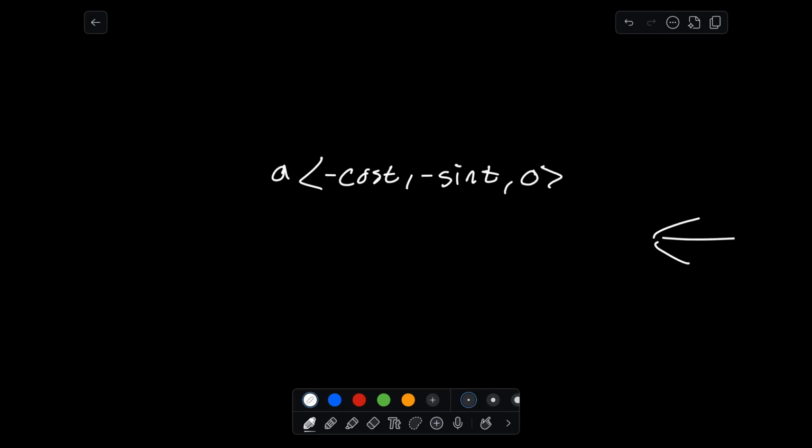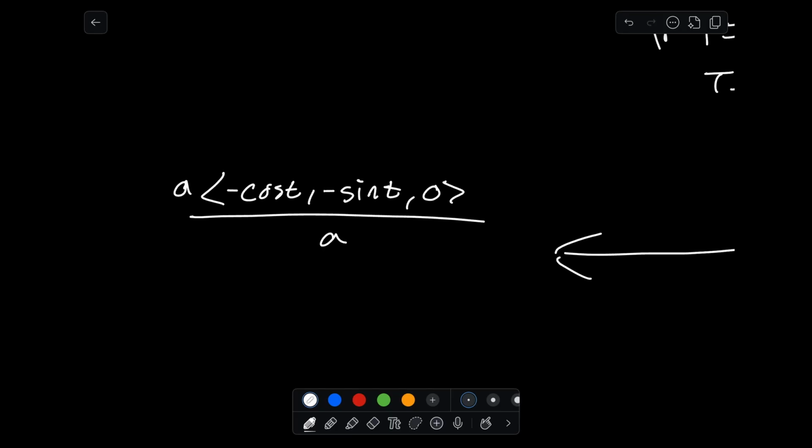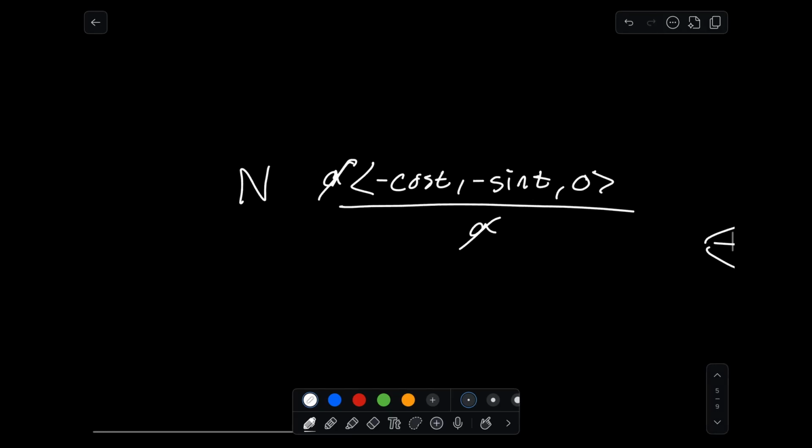And we can pull out the a from everything, because pulling an a out of 0, you're still going to have 0, right? And then you're going to divide everything by a. And then you're just going to be left with this for your principal unit normal vector.